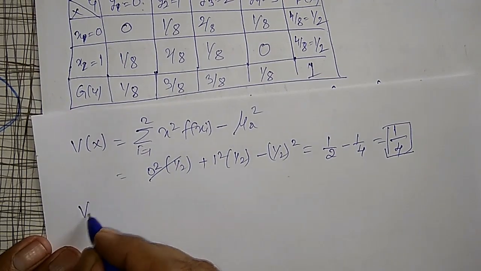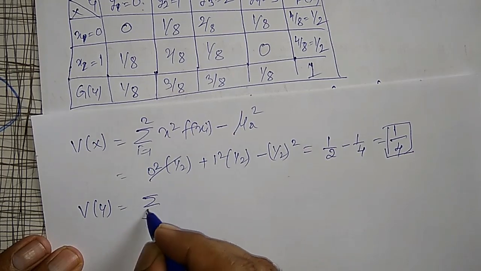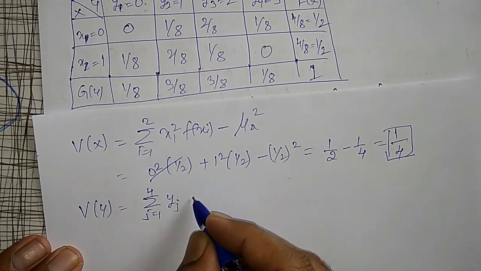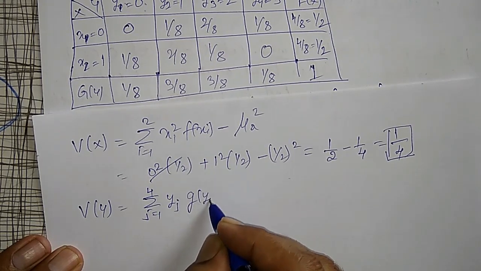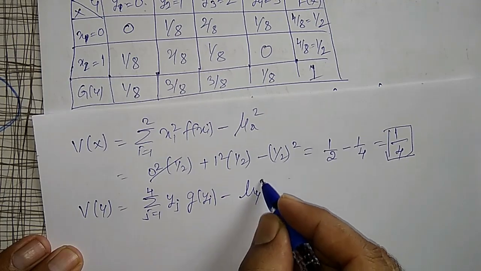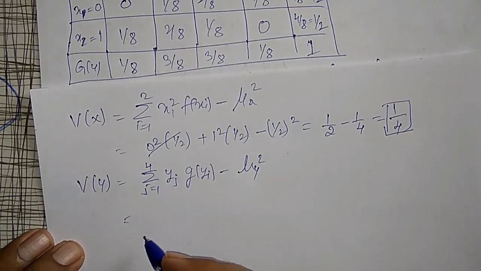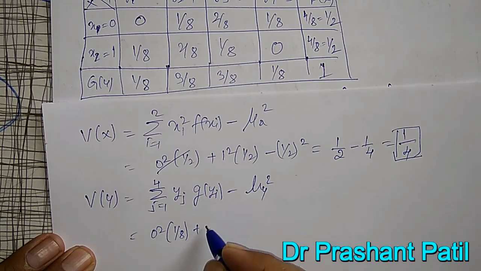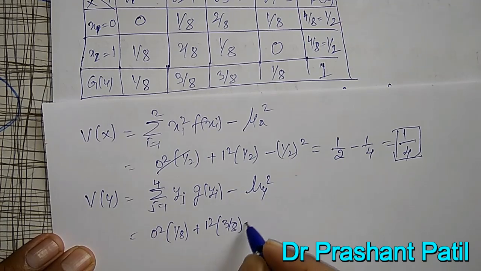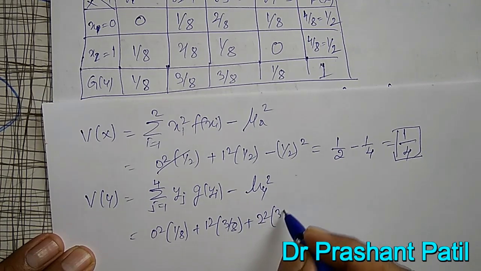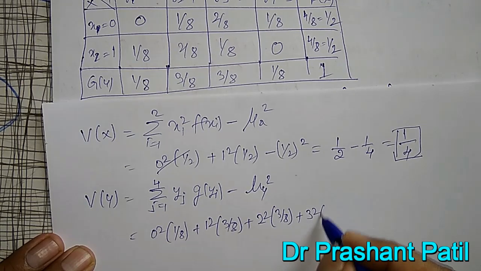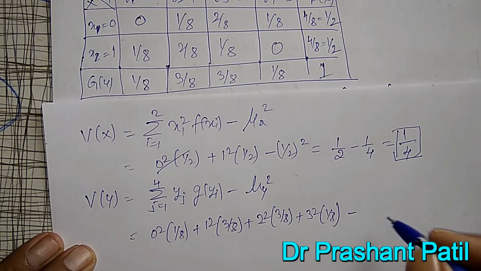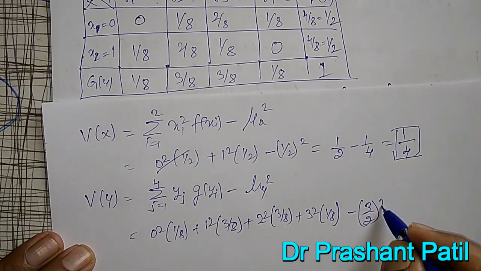Like that, variance of y is equal to summation j equal to 1 to 4 of yj square into g of yj minus mu y square, which is 0 square into 1 by 8 plus 1 square into 3 by 8 plus 2 square into 3 by 8 plus 3 square into 1 by 8 minus expectation of y, it is 3 by 2, the whole square.